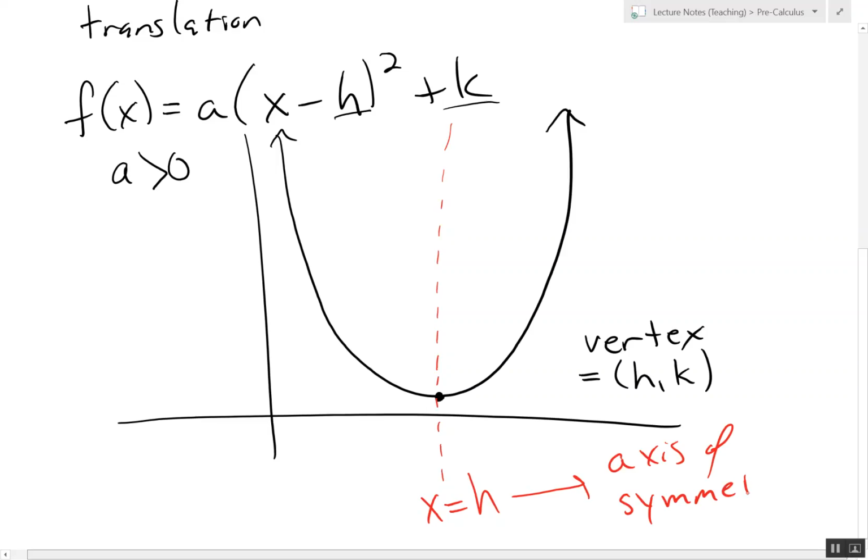And what the axis of symmetry does is cut this function in half. This piece right here, if you draw it with the computer, is going to be completely identical to this one. They're mirror images of each other.